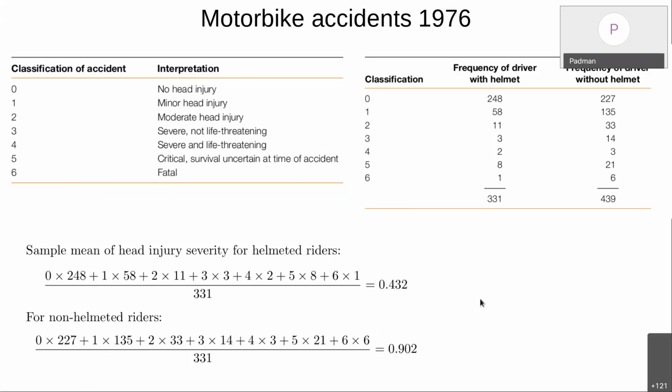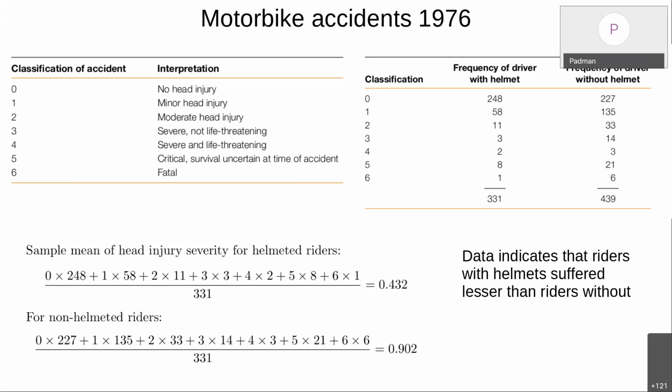Okay, so essentially you are more likely to have a more serious injury when you're not wearing a helmet versus when you are wearing a helmet. So from this data, it is indicated that the suffering which the riders underwent is more when you don't have a helmet versus when you have a helmet, because the higher the classification index, the higher the suffering.